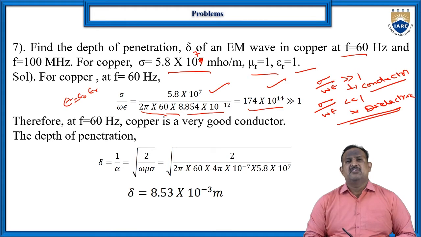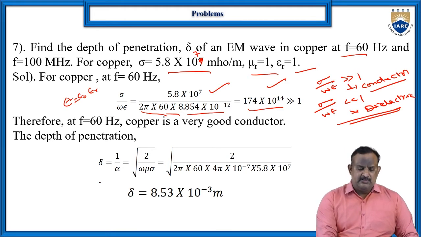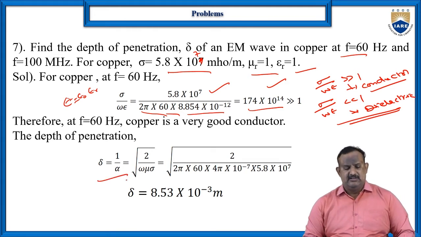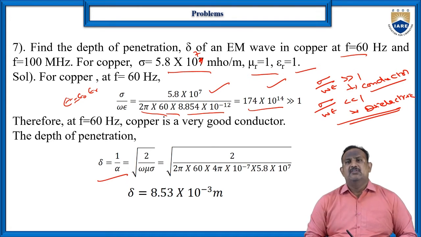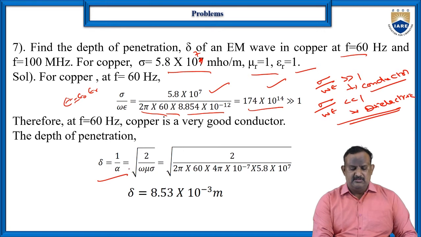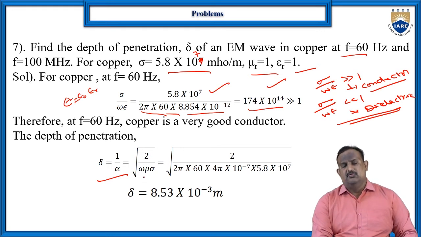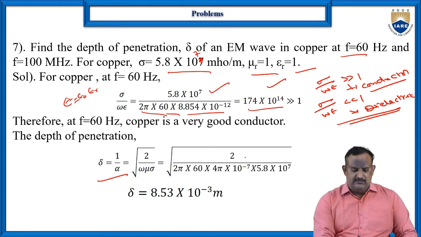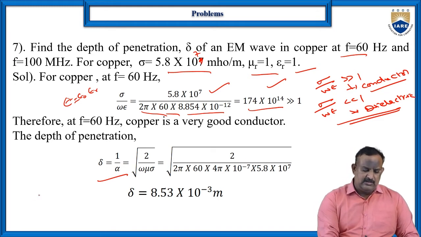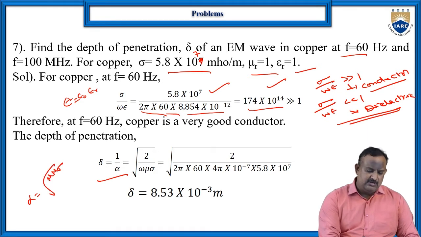Then we can find the depth of penetration. The formula is delta equal to 1 by alpha, where alpha is the attenuation constant. We have alpha equal to root of omega mu sigma by 2.